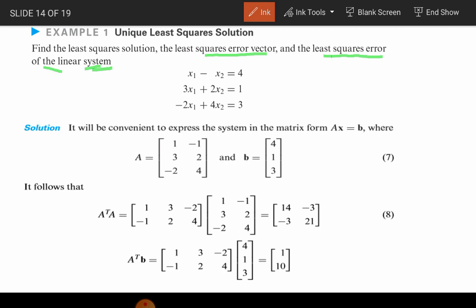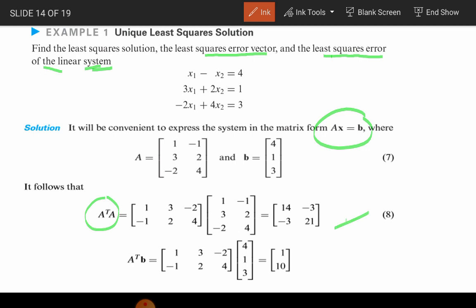You write A in matrix form and B in matrix form, because you have to change the system into the form AX equals B. Then we use the transpose, A transpose A. By formula, A transpose A gives 14, -3, -3, and 21.